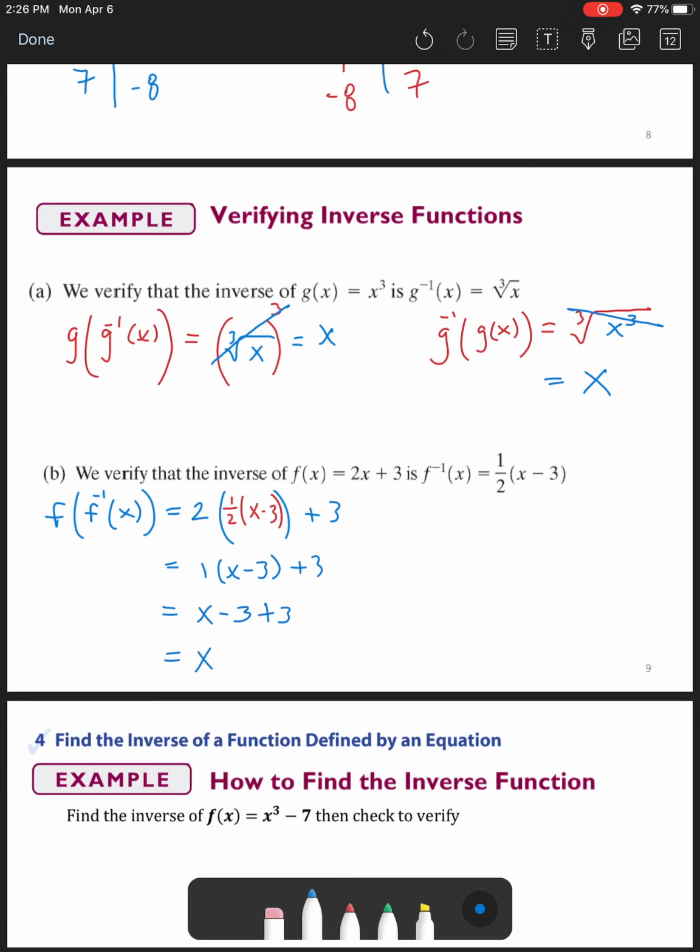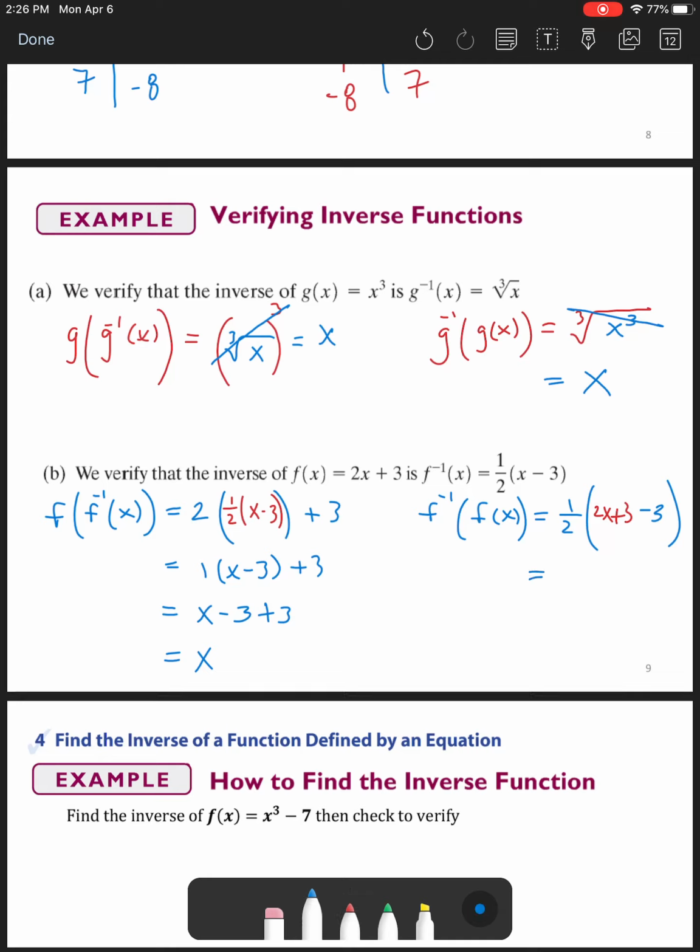And this time we're going to put the inverse on the outside, and put the original function on the inside. 1/2 times, wherever the x is, that's where the original function would go: 2x plus 3, minus 3.